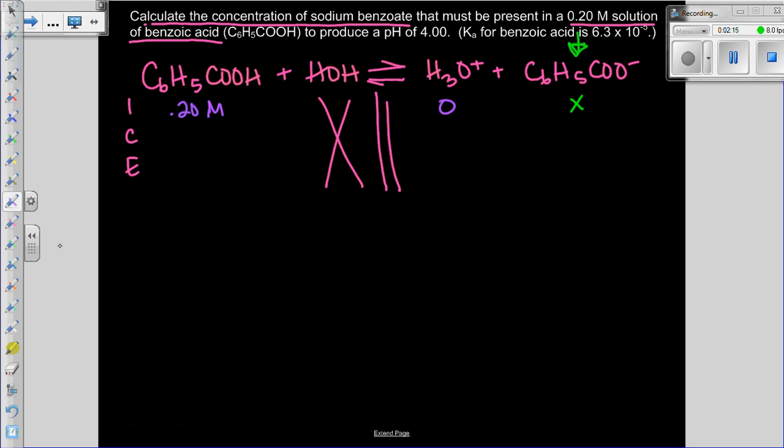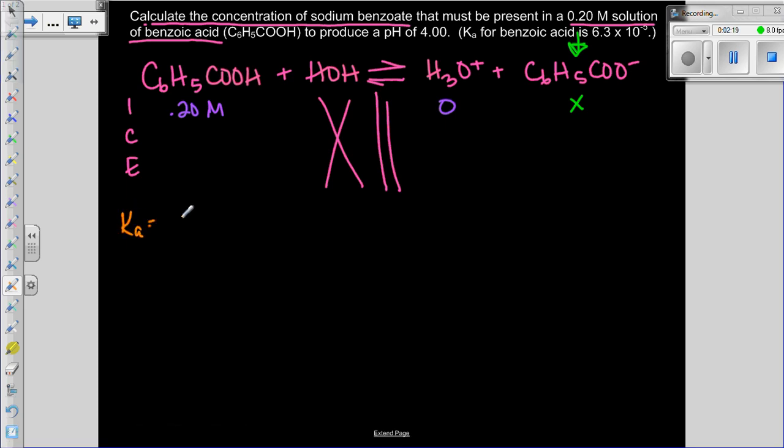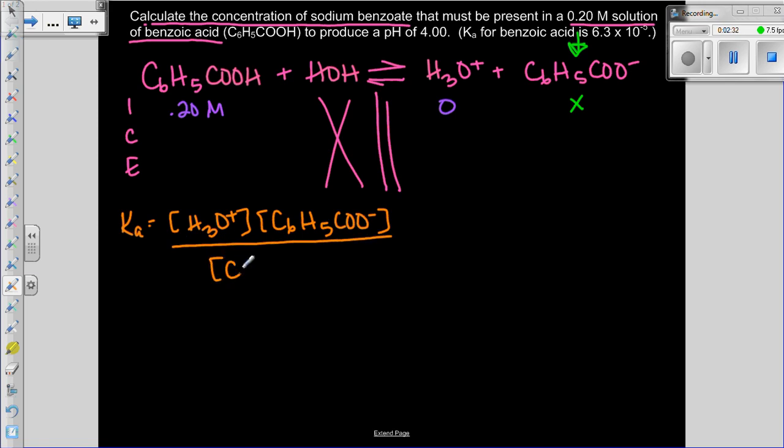Now I've also got a Ka, so I could write my expression, and that would be concentration of hydronium ion times concentration of benzoate ion divided by concentration of benzoic acid.